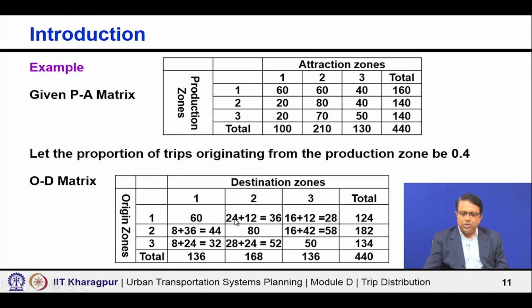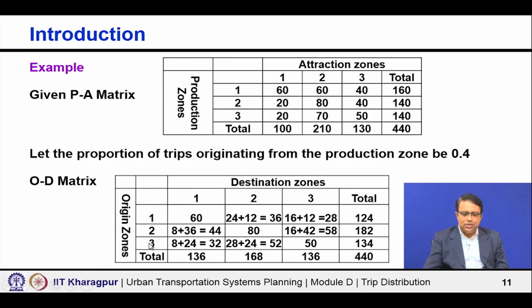If you see the 1 to 2 cell, this is 24, but then this 12 is coming from where? Look at this 20, 2 to 1. Out of this 20, again 40% will happen from 2 to 1 in that direction. So, the remaining 60% is happening in the reverse direction. Reverse direction means what? 1 to 2. So, 60% of this 20, that is 12. So, total we are getting 36.